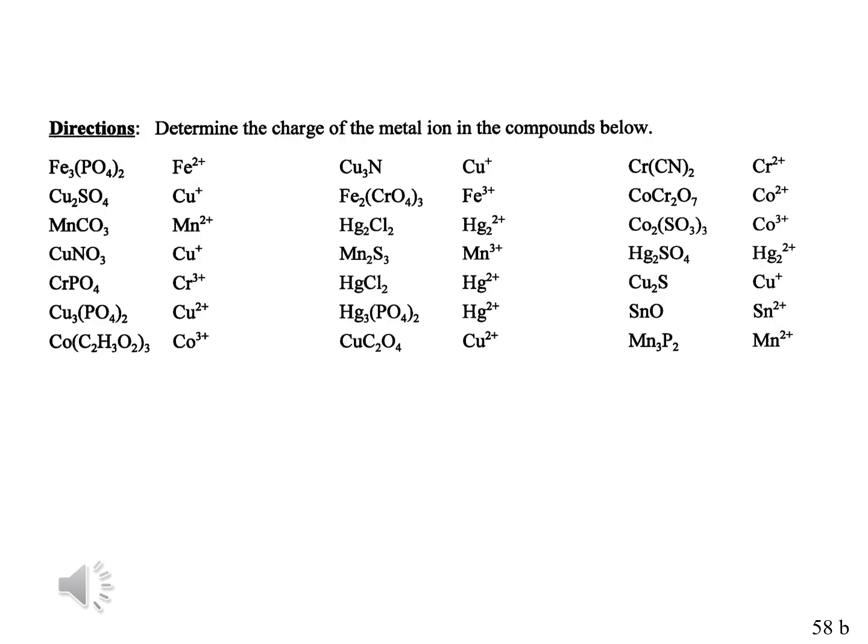And at the bottom of the page, I give some practice ones for determining the charge of the metal ion if you know the formula. So you can either uncross, or you can use the idea that if it's 1 and 1, the positive ion has the same charge as the negative one except positive. The problems on these last 2 pages are actually assigned as homework problems in homework 1.